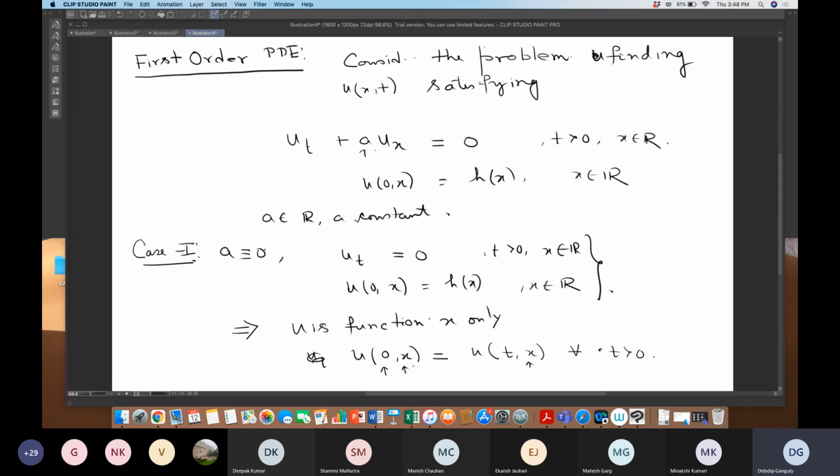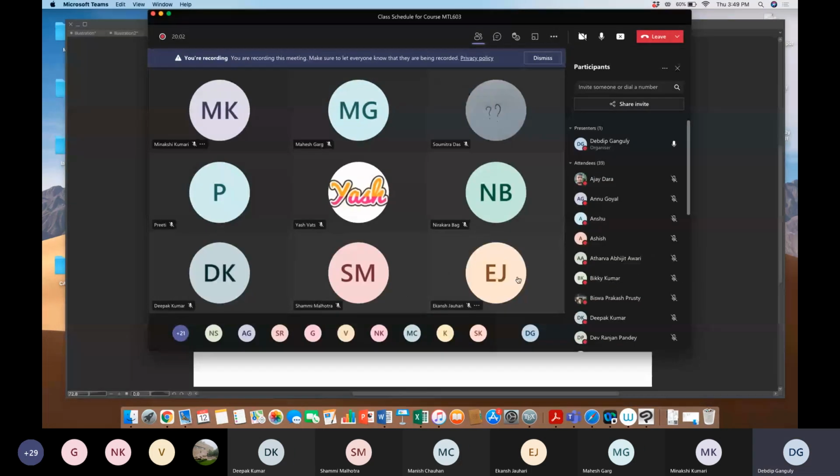So u is a constant in t. For any x, u(0, x) is equal to u(t, x) for fixed x, and you vary t. So what is u_0 of x? h of x. Exactly. So the solution is u(t, x) equals h(x). Agreed or not? Yes, sir.